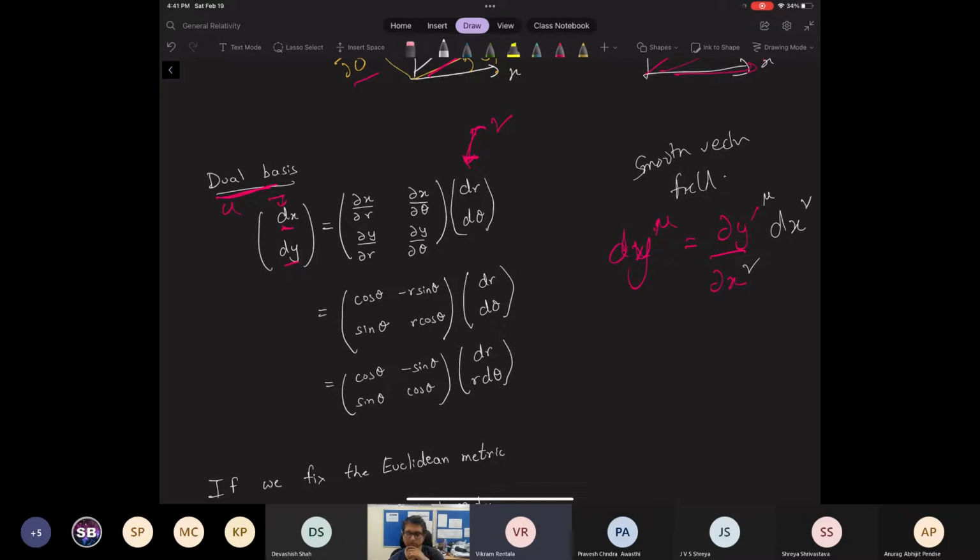Okay, this was the rule that we worked out for dual vectors. So just remember the rule: the y has to show up here and the x shows up here.